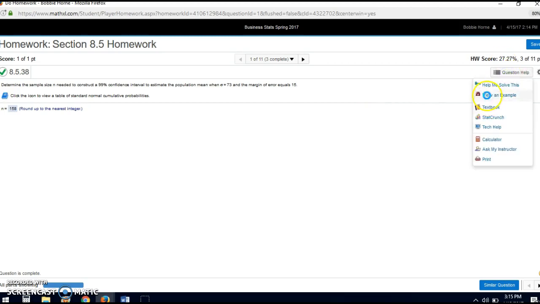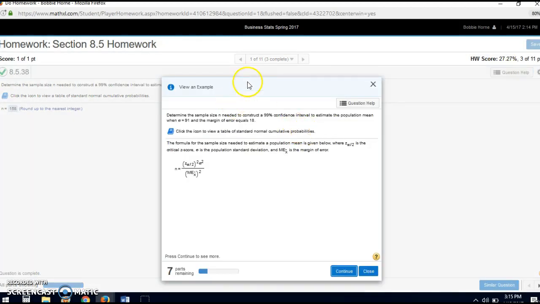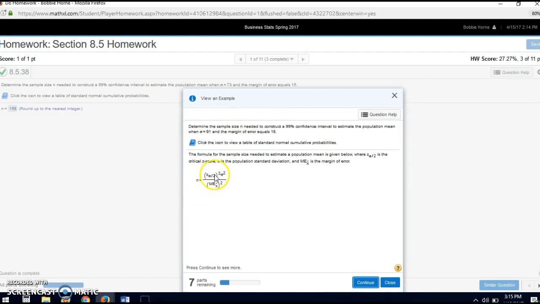So when you plug in, this is all you're going to do. Your z value is going to be 2.575, square it, times your sigma, which in our problem is 73. So 2.575 squared times 73 squared.